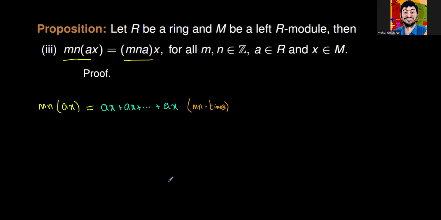We can take a common, since a is common to all of them. So this is equal to a times (x plus x plus ... plus x), again mn times.